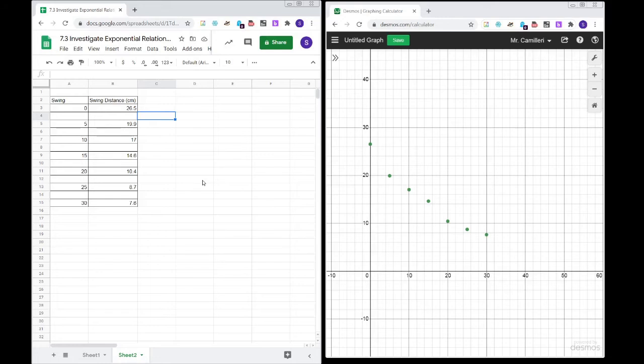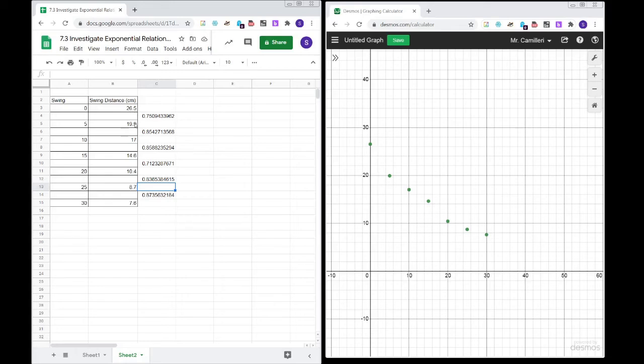So what I'm going to do is I'm going to take B5 and I'm going to divide it by B3. And I've done that for all the other pairs of, in this case, y values.